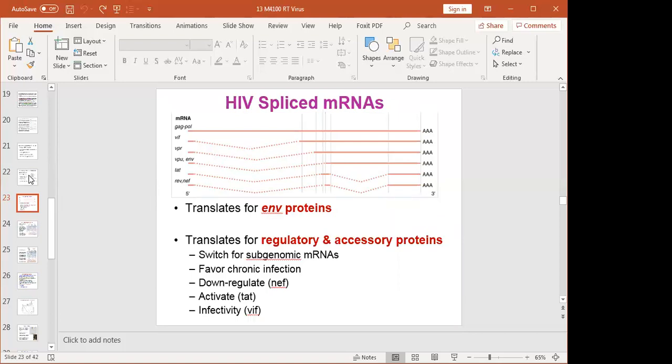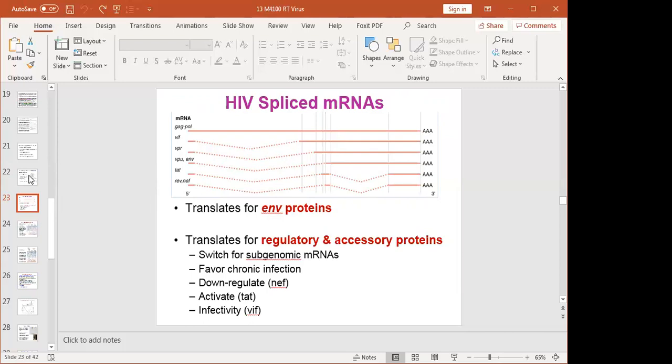ENV protein will become the envelope of the virus, and these regulatory and accessory proteins participate in the switch for subgenomic messenger RNAs. They will also favor or assist chronic infection of HIV virus.